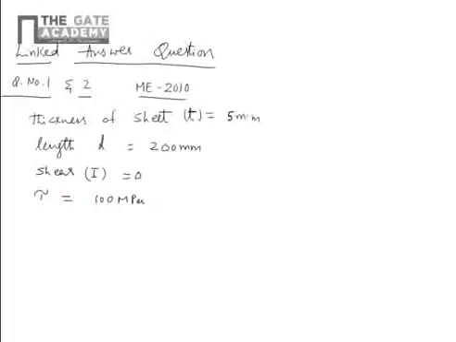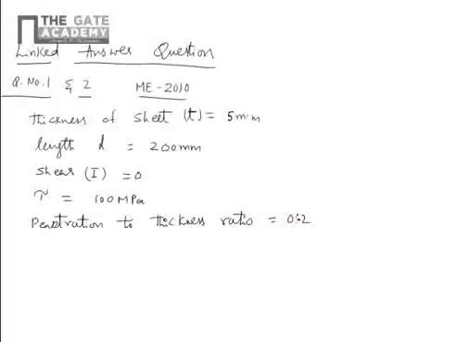The ultimate shear strength tau equal to 100 MPa. MPa is megapascal, Newton per mm square. Penetration to thickness ratio 0.2, which is nothing but percentage penetration, equal to 0.2.